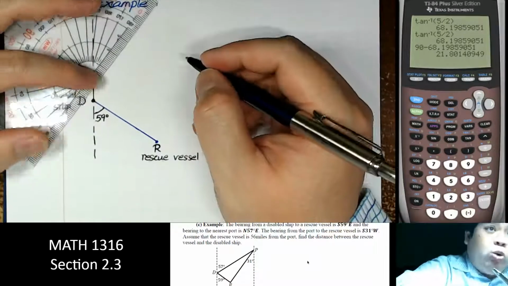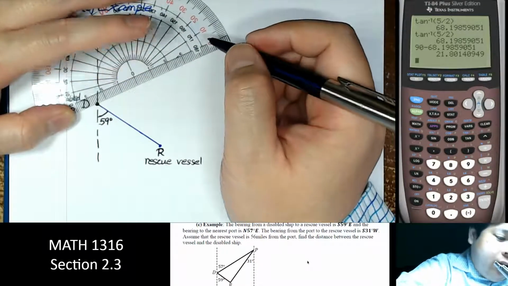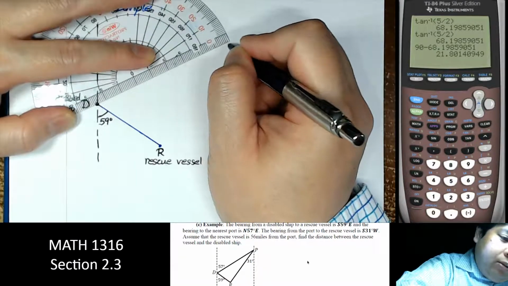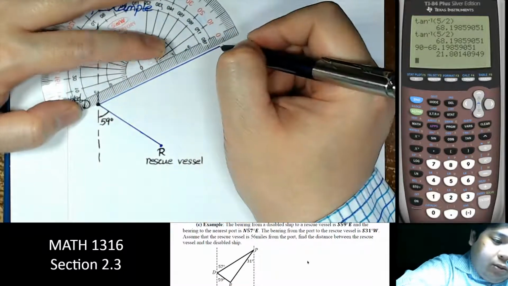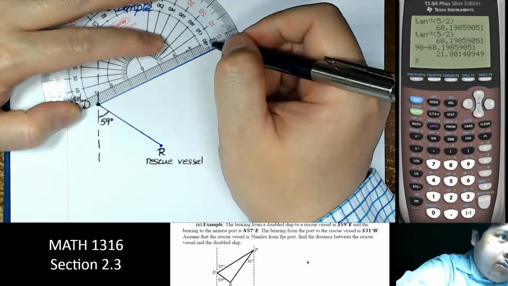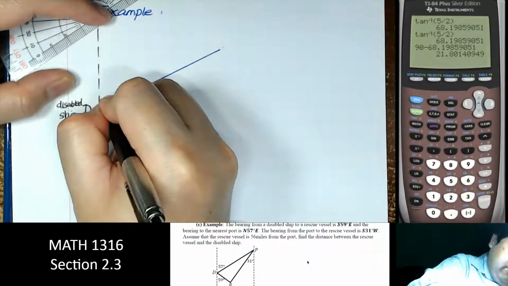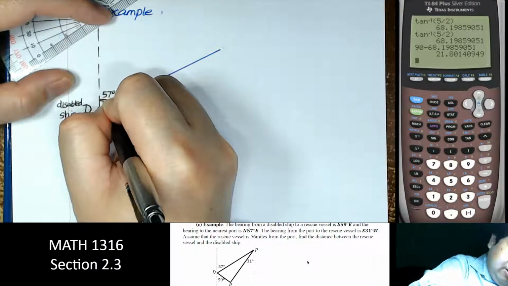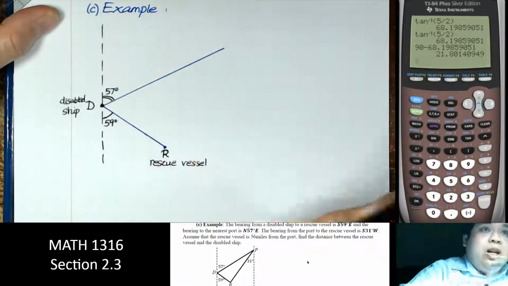So here, if we go to the nearest port, that is 57 degrees from the north to the east side.